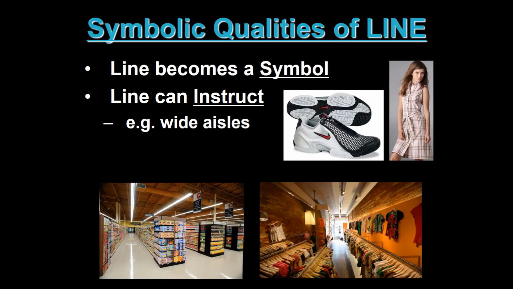And finally, we can think of qualities of line being symbols. So if you think about Nike, one little line, one swish has created a phenomenon really within the retail industry. That one logo has so much meaning behind it. It represents a brand, and one that will probably be around for a very long time.